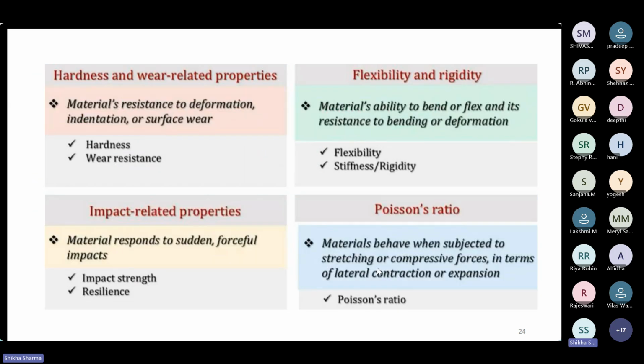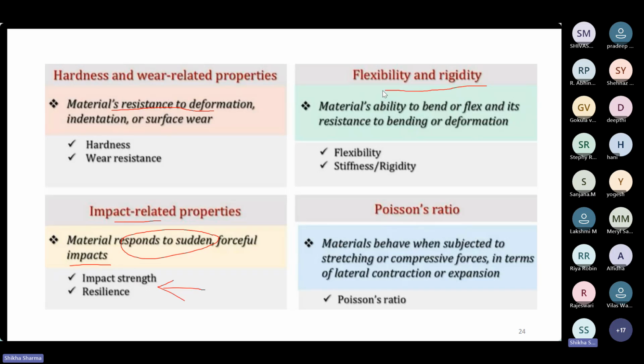Then hardness and wear-related properties, which are the material's resistance to deformation, like hardness and wear resistance. Then impact-related properties, which are the response to sudden, forceful impacts, including impact strength.